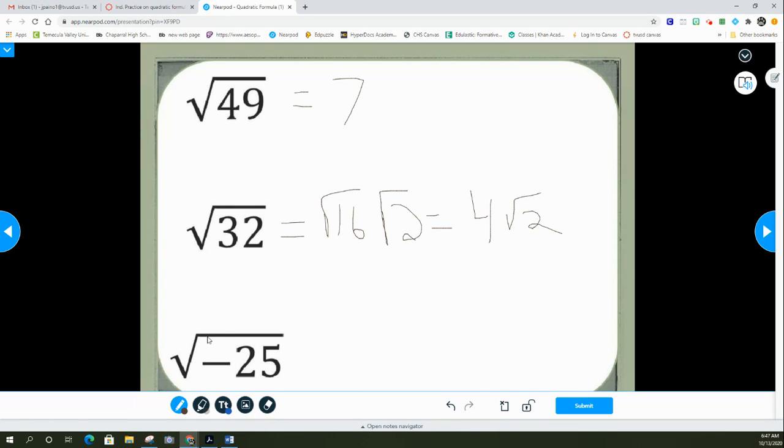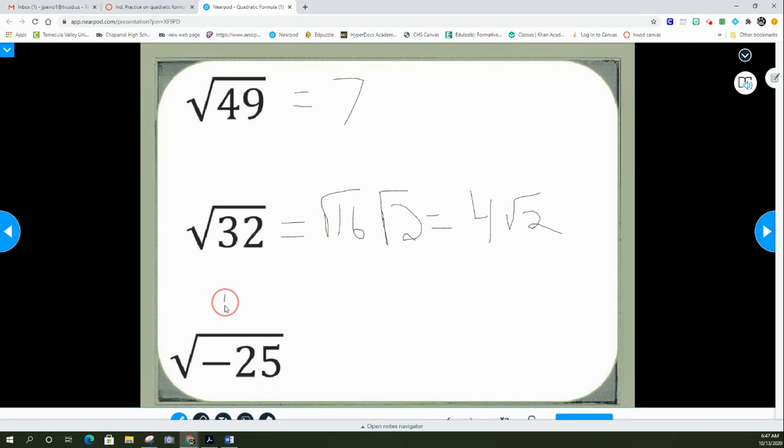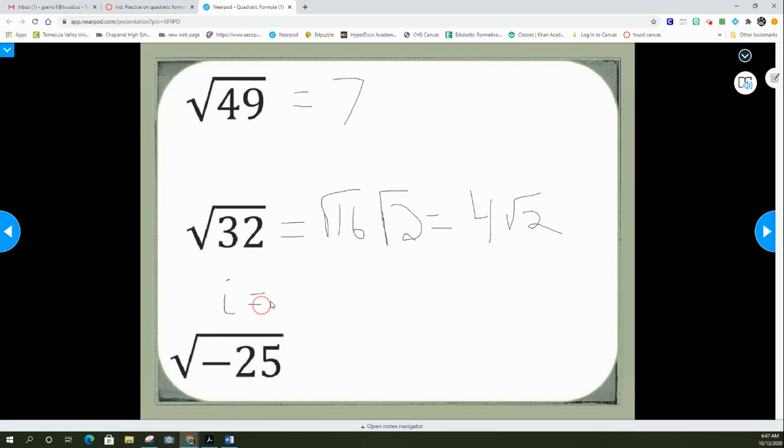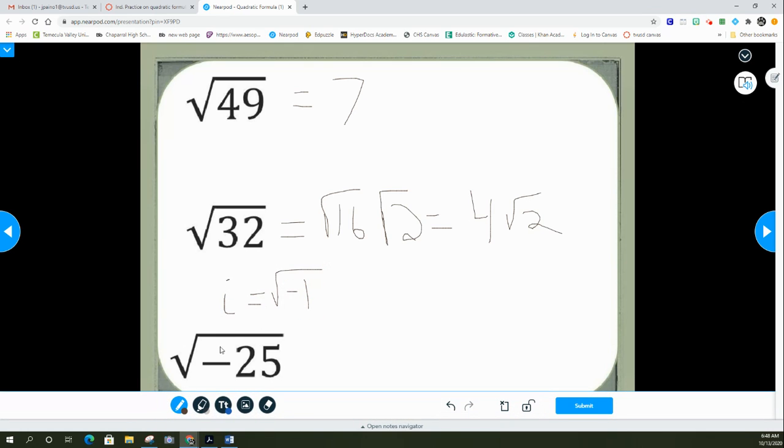And so all we have to do to represent this negative is that mathematicians call the square root of -1 i, which should be easy to remember for imaginary. Anytime you see a negative inside the square root, we know that we can represent it with an i.